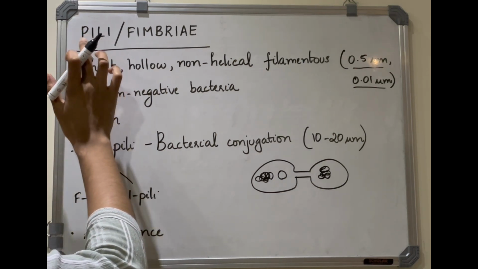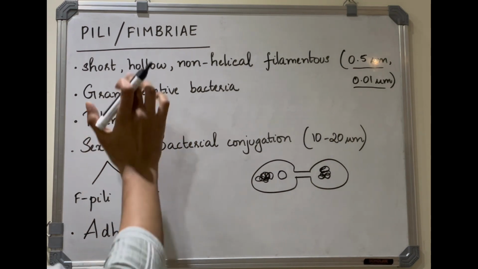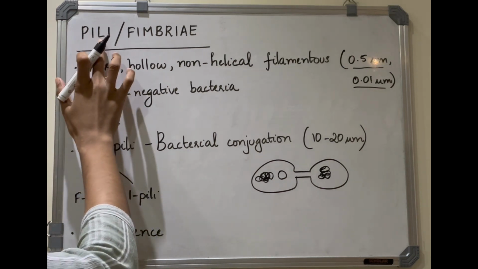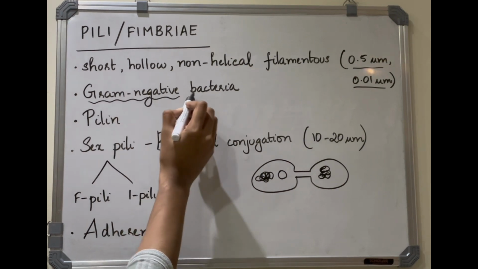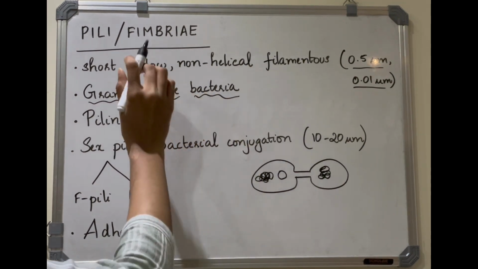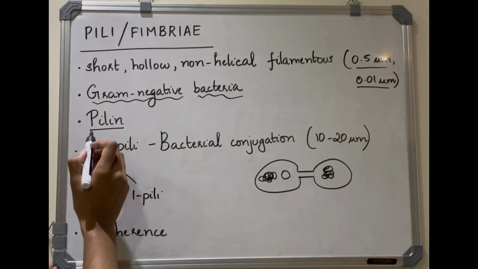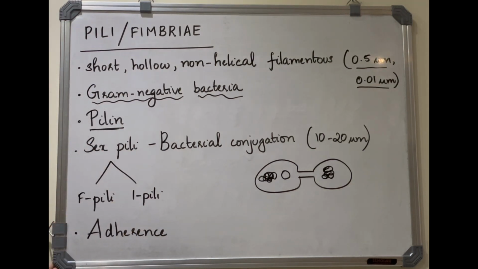Pili are hair-like fibers found on the surface of the bacteria, whereas fimbriae are bristle-like fibers found on the bacteria. Pili can be found exclusively in gram-negative bacteria, but fimbriae are found in both gram-positive and gram-negative bacteria. Pili are composed of the protein pilin that is arranged non-helically.